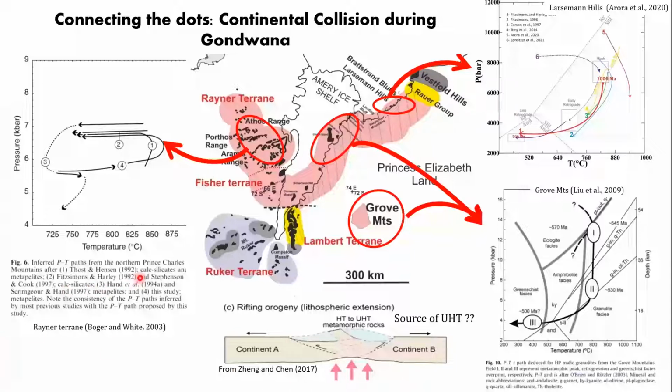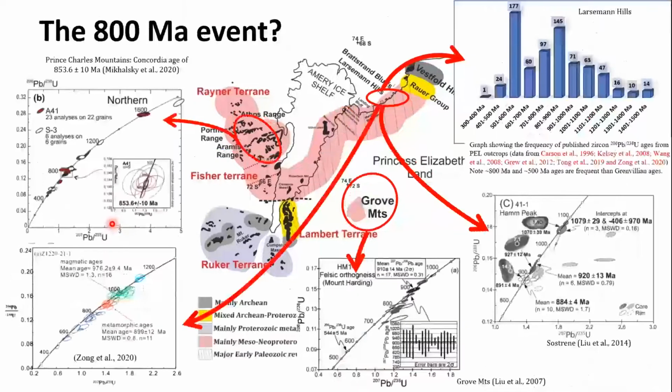Whereas the UHT anti-clockwise path of Rayner indicates elevated geothermal heat flow. It seems Rayner has a different geodynamic history, and it is still a puzzle whether it is a separate terrain or not, because we do find similar age signatures.